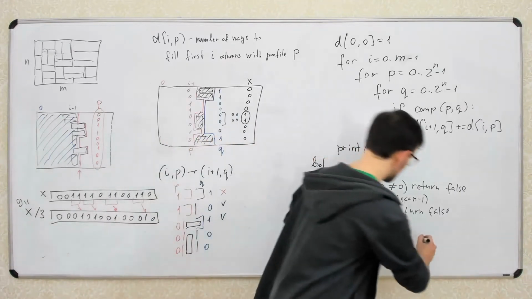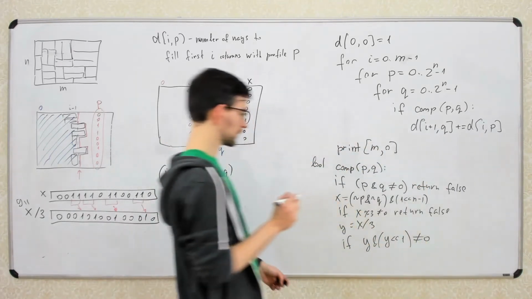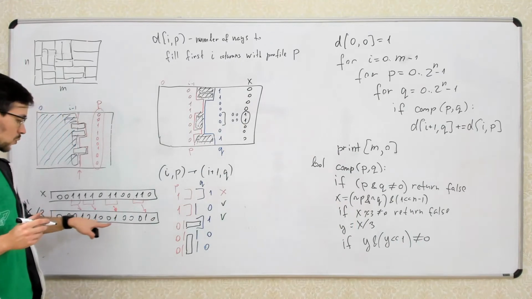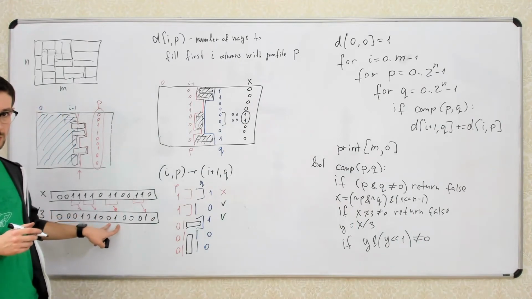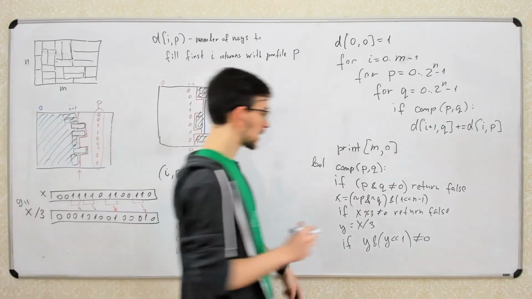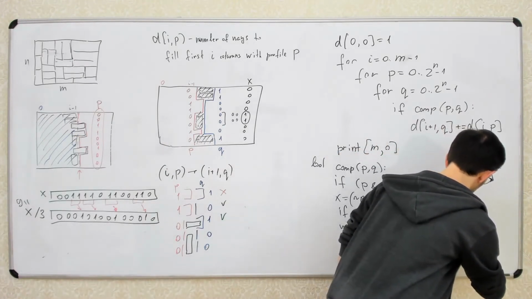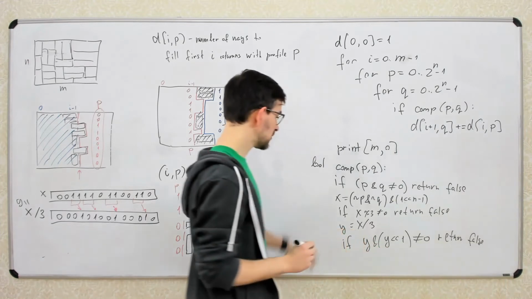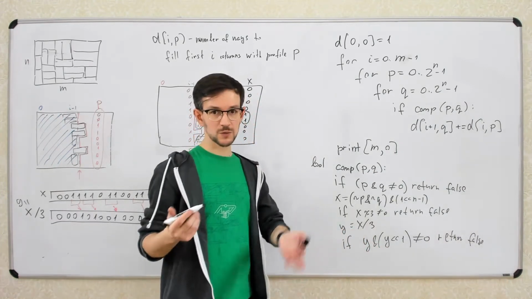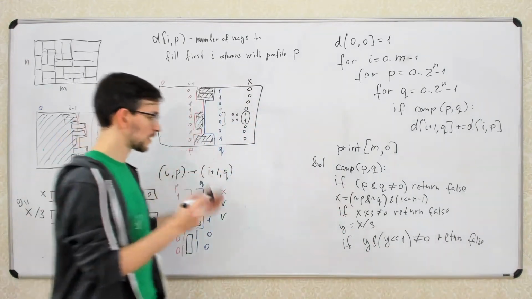If this is not 0, it means there are two consecutive ones in number y. And if it happens, you just return false. If none of this happens, it means that it's possible to get from profile P to profile Q.